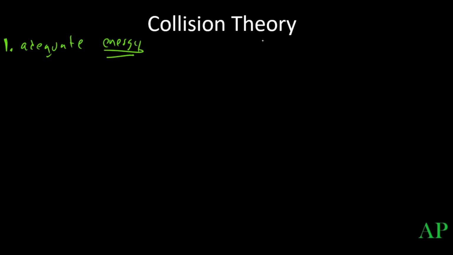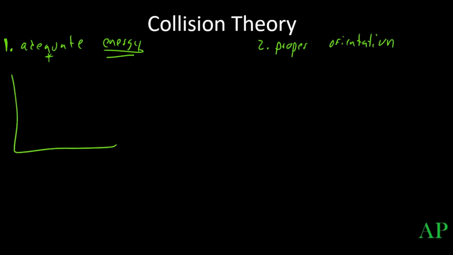And the second part of collision theory says you need proper orientation. This term on the first part, adequate energy, if you remember correctly, that phrase literally describes activation energy. So the first half of collision theory says that whenever you are making a reaction, you need an adequate amount of energy for this reaction to proceed. That adequate level of energy is defined as your activation energy.